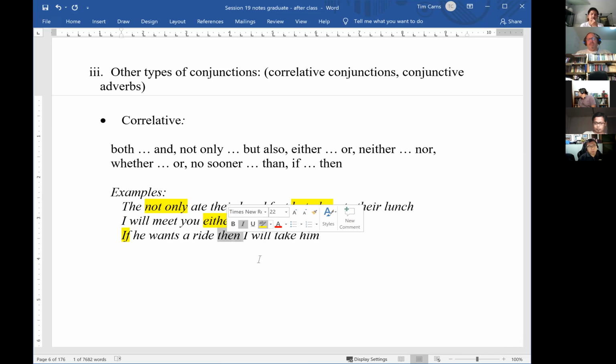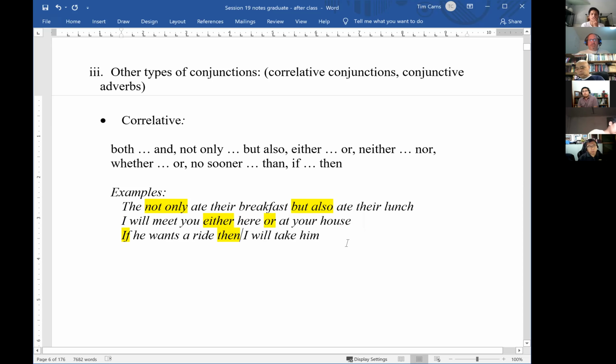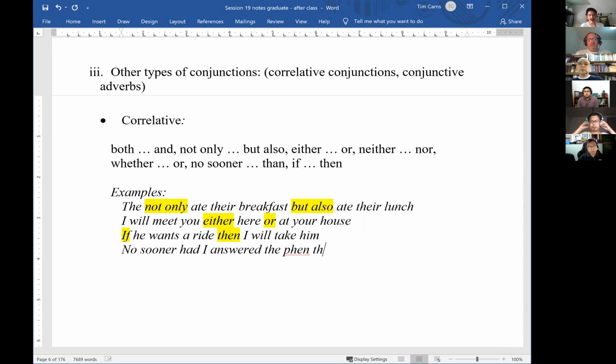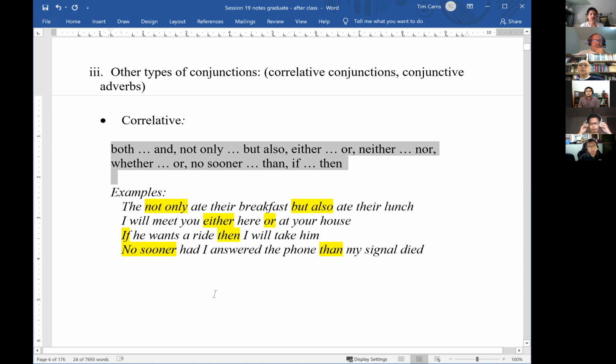Now we think of this as a conditional statement, but it is using this correlative conjunction to form the condition. Another example might be, no sooner had I answered the phone than my signal died. So no sooner is paired with the word than. And we could come up with a number of them. There's some examples here from the list. There's several more. I'll give you a link that shows all of them.